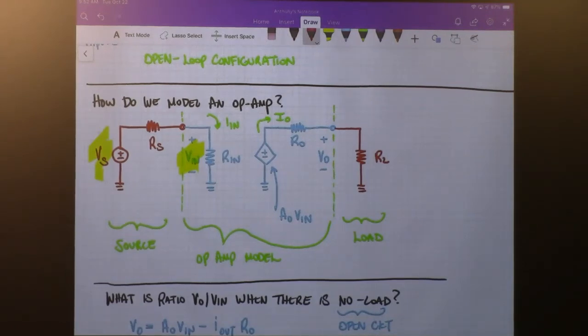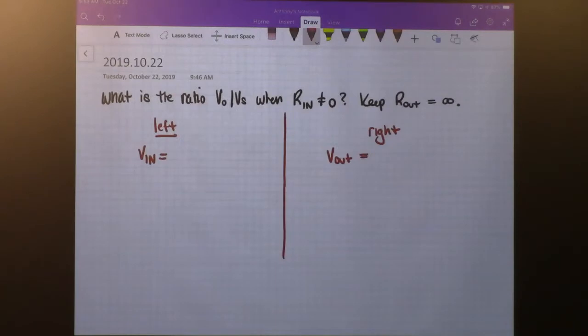It is a voltage divider, yes. So V in is equal to Vs times Rin over Rs plus Rin. So it's equal to Vs times Rin, can't write today, over Rs plus Rin.